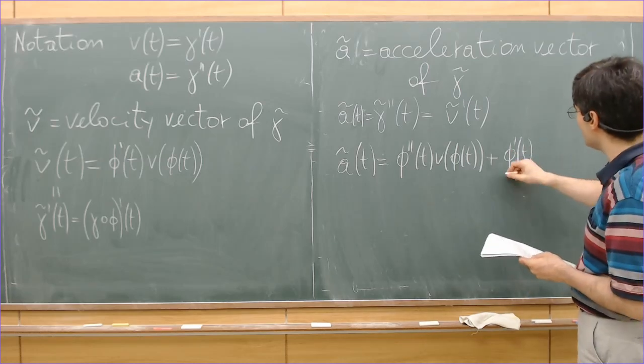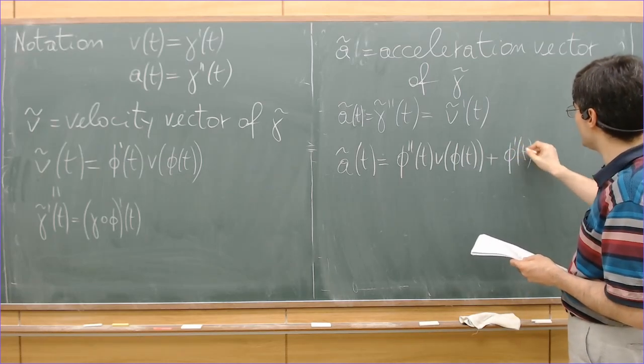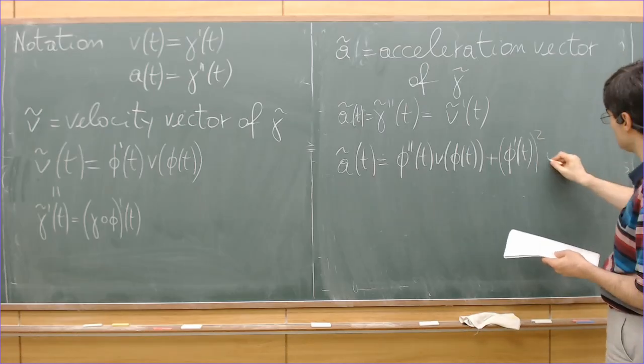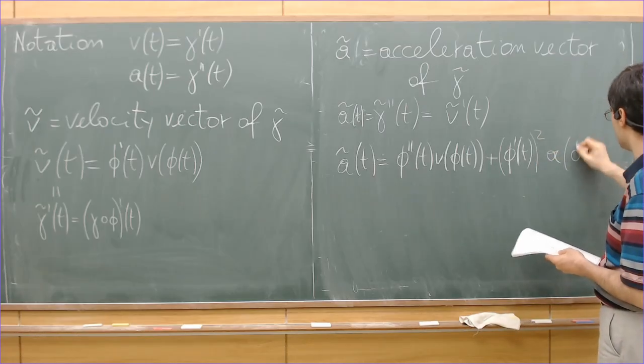So I have phi prime t squared times the acceleration of gamma evaluated at phi of t.